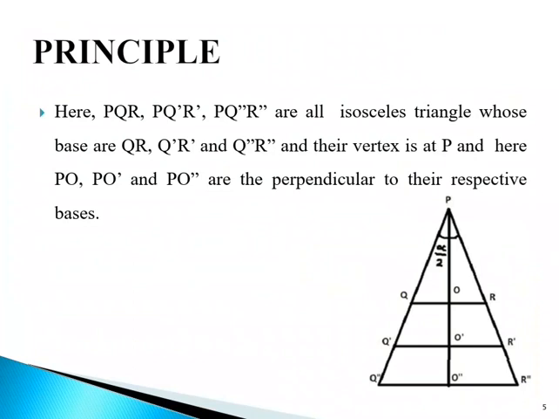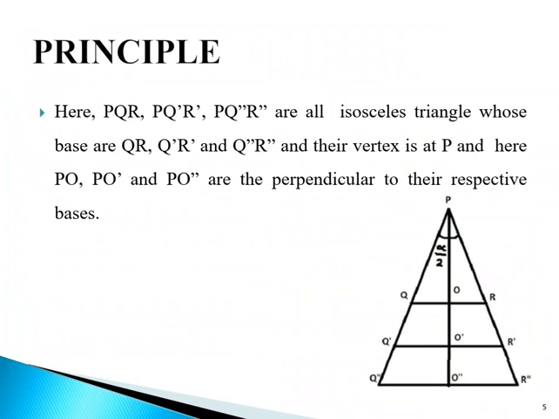Let's understand it with one image here. First of all, let us remember the statement of the principle of tachometry: in isosceles triangles, the ratio of the perpendiculars from the vertex on their bases and their bases is constant.